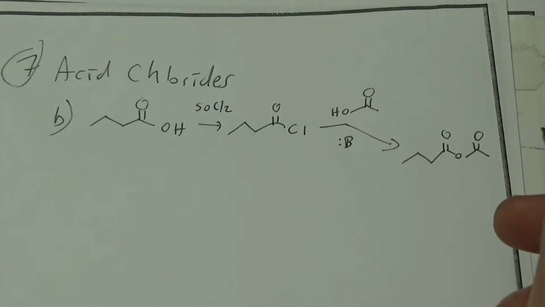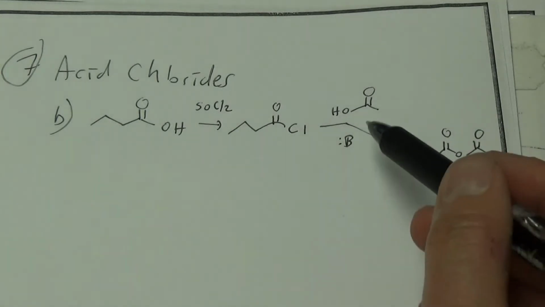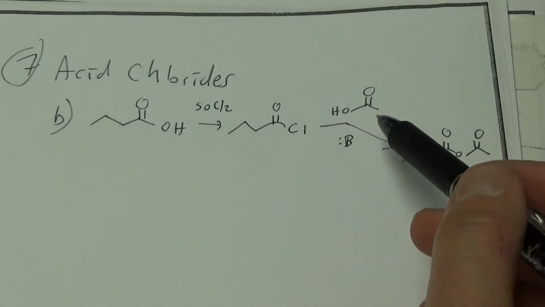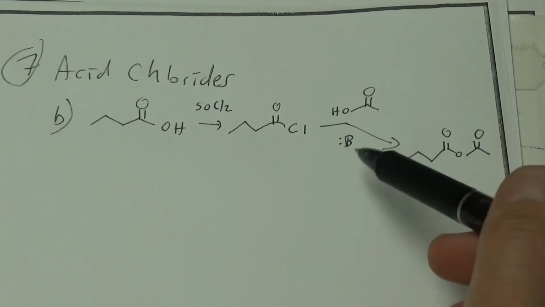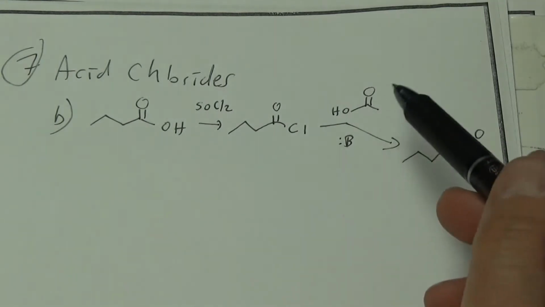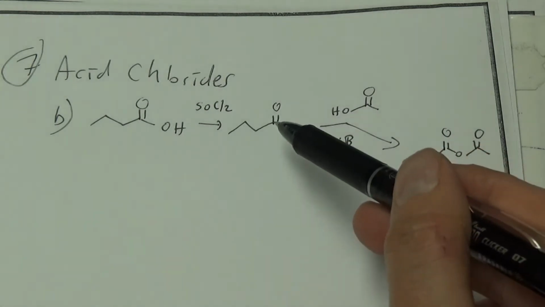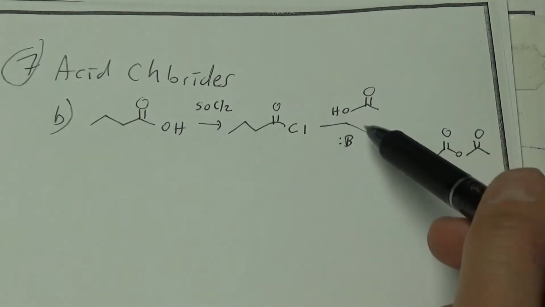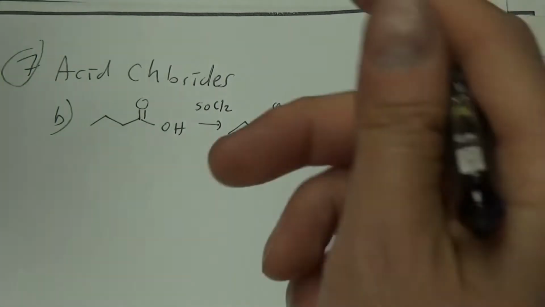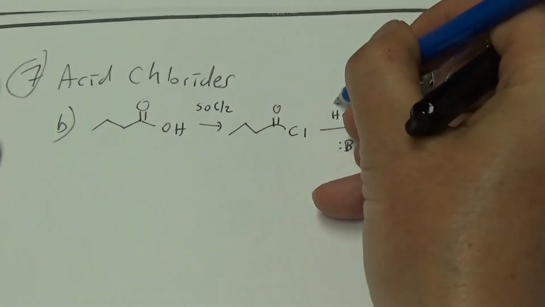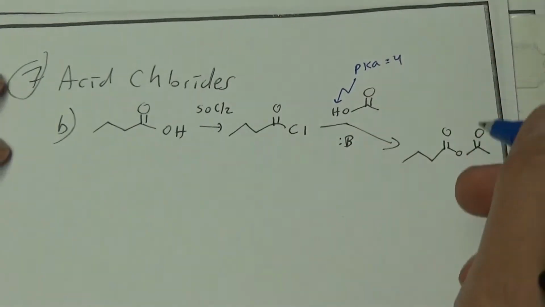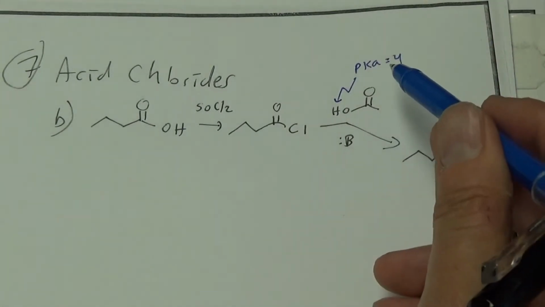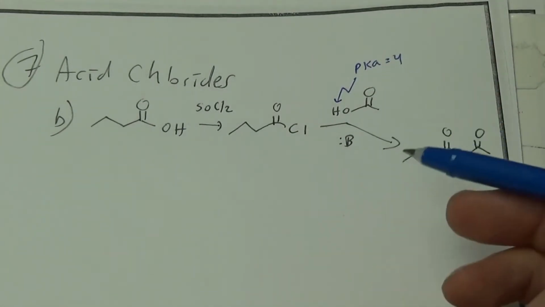Now I said earlier that if you're doing a base-mediated NAS reaction, the nucleophile attacks first, and then you lose the proton later, right? But this happens to be a highly acidic proton. The pKa is like 4 or so, and it's acidic enough that the base can just take off the proton.